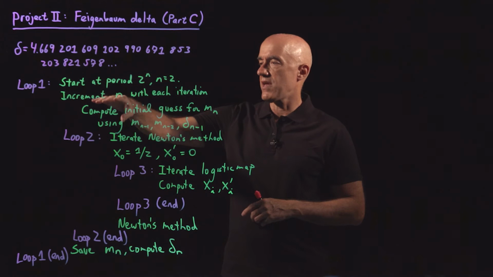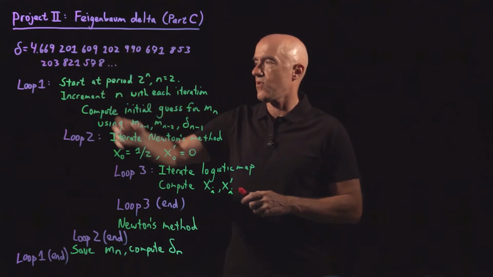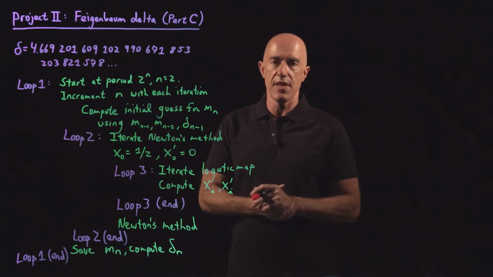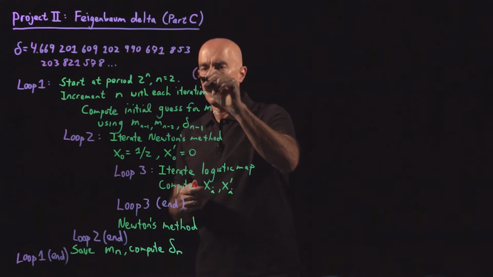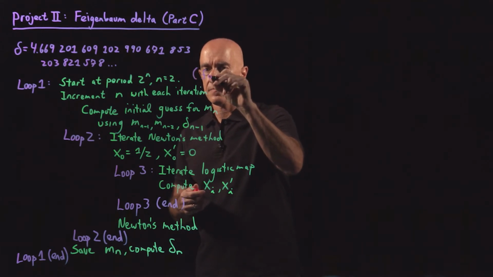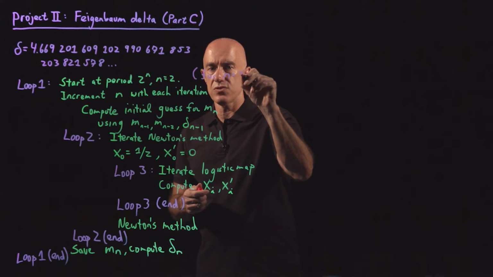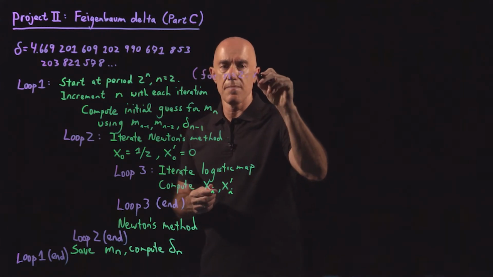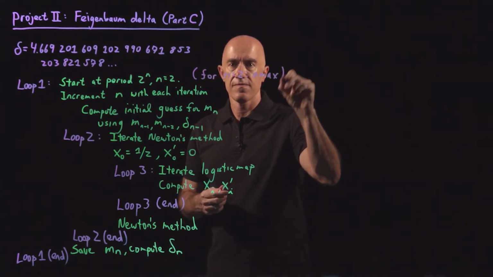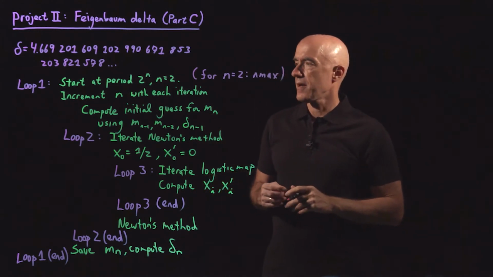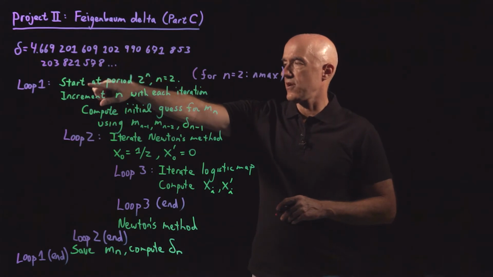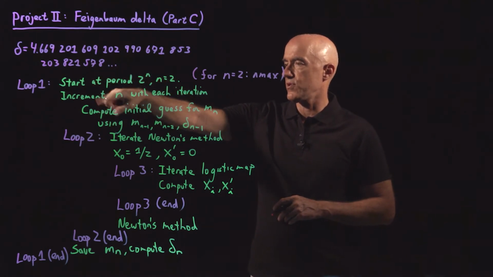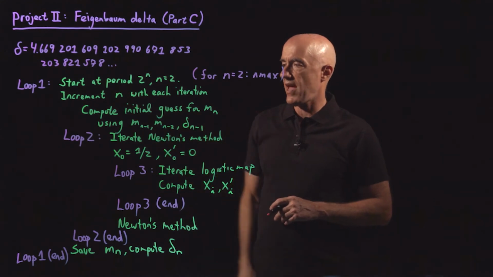And in the outer loop, then, we're going to go from n equals 2 to n equals 3 to n equals 4, etc. So we can do that with a for loop, right? So this is essentially for n equals 2 to some maximum value. In each iteration of this loop, we're going to increment the value of n.